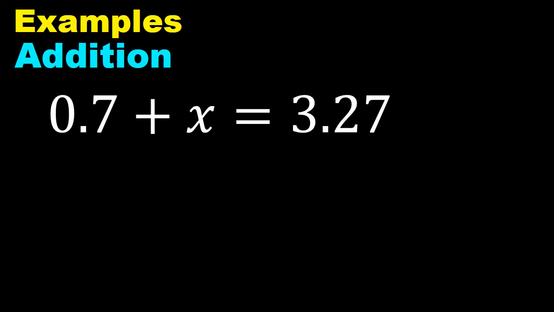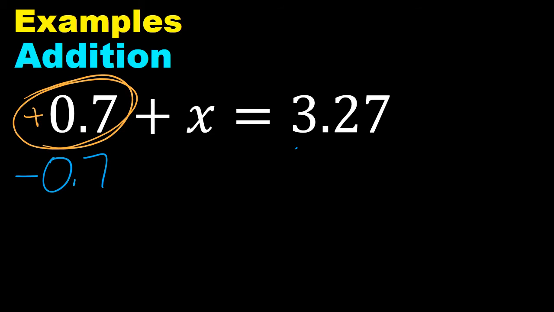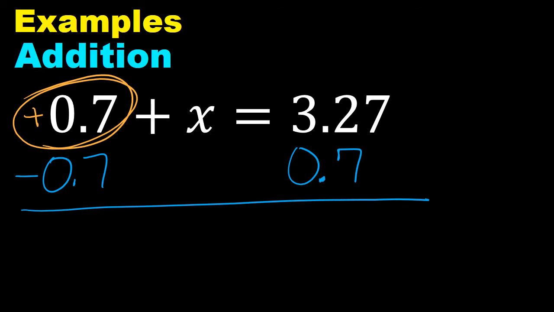So now what happens if we have the decimal? It's the same exact deal now. And so we notice that if there's no sign in front here, we have a positive 0.7. So let's go ahead now and subtract 0.7 from both sides. Let's make sure our decimals line up here.